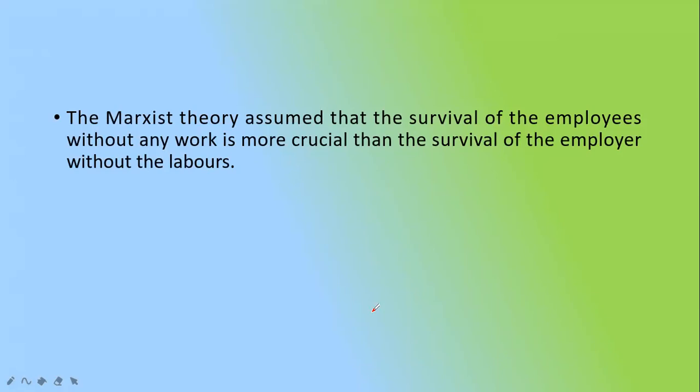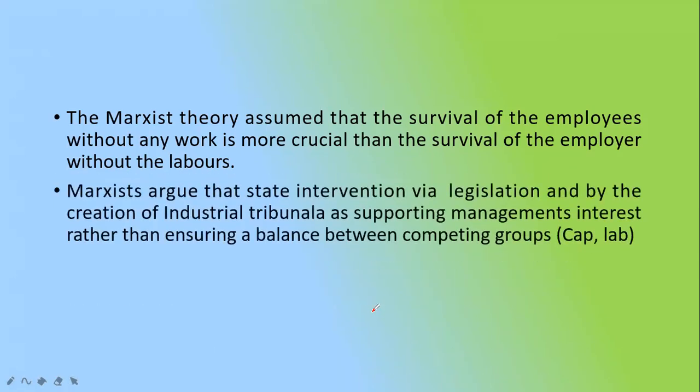Why? Because employees without work cannot sustain; it is very crucial for them to live. In a similar way, employers without labor cannot have production. So the employer should give equal importance to the labor, because the survival of employees without work is as crucial as the survival of the employer without the labors.